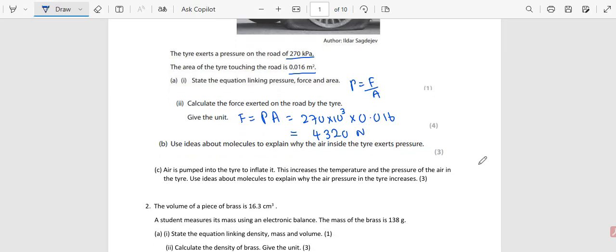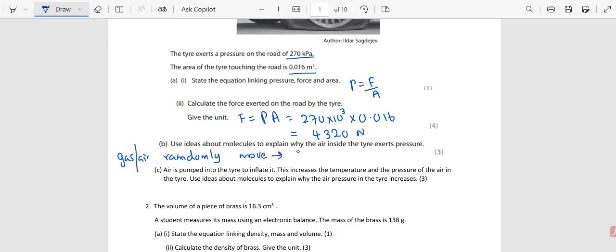Use the ideas about molecules to explain why the air inside the tire exerts pressure. What is happening? So write like this now: the gas particles, so air particles, are randomly moving, right?